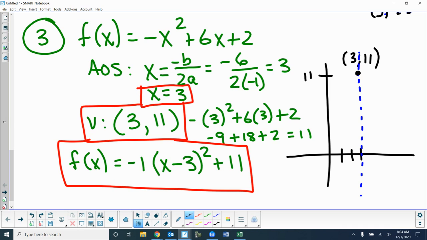Where's my y-intercept? Yep, just look there again. So 1, 2. Oh, I got it. That's my y-intercept. Remember, it's going down.